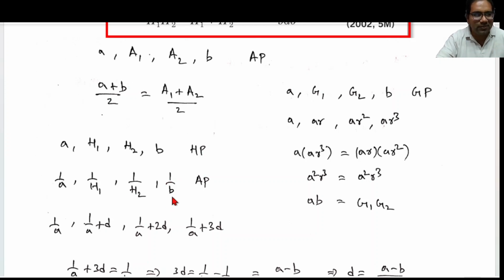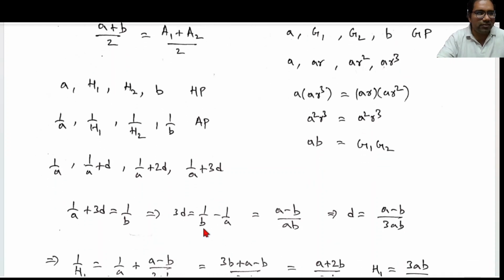These four are in arithmetic progression, so don't get confused. It is not 1 by a plus 1 by d, it is 1 by (a plus d) only. So 1 by a plus 3d equals 1 by b. If we simplify, 3d equals 1 by b minus 1 by a, which is (a minus b) by ab. That means d equals (a minus b) by 3ab.